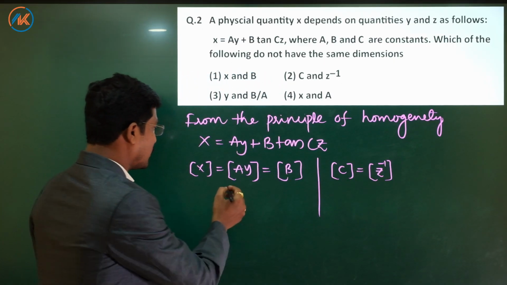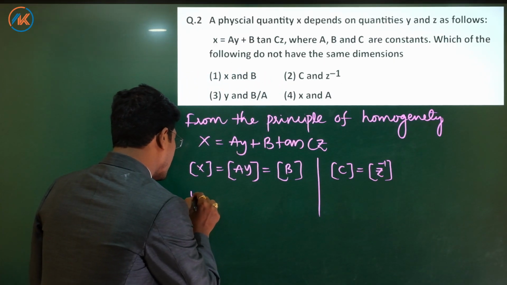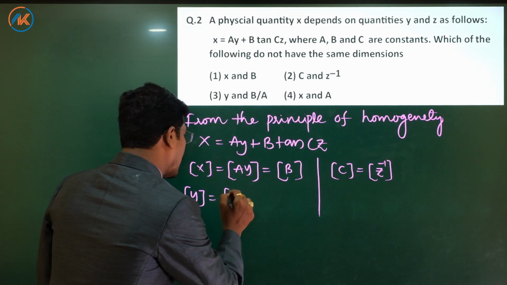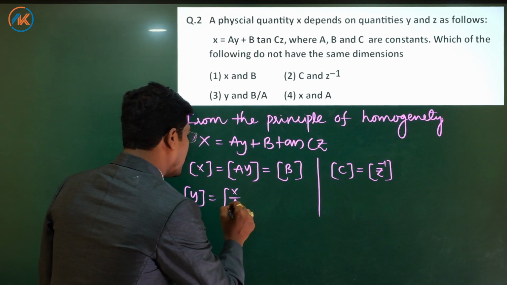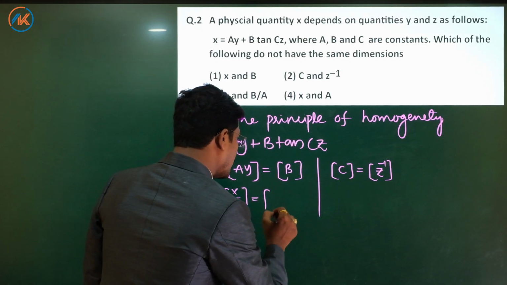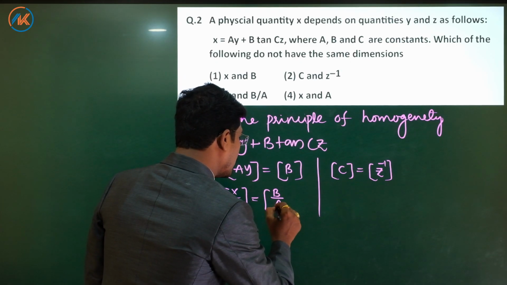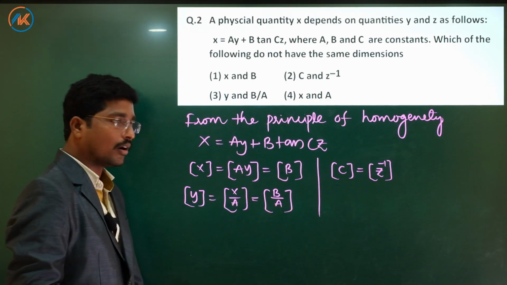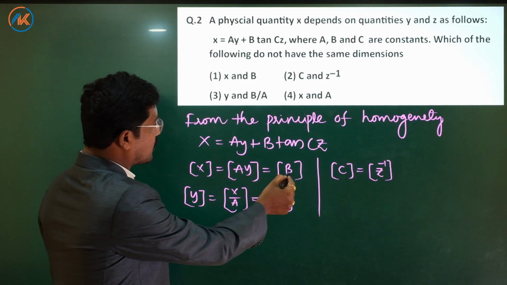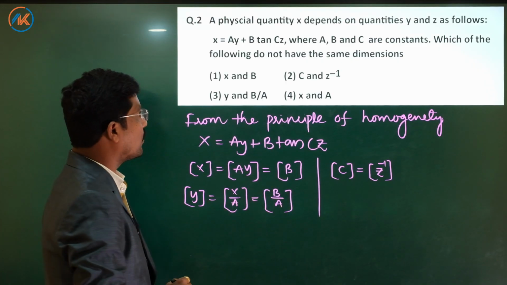From this, the dimensions of y is equal to the dimensions of x by a, is equal to the dimensions of b by a. Clearly we got that the dimensions of x and the dimensions of y both are equal.